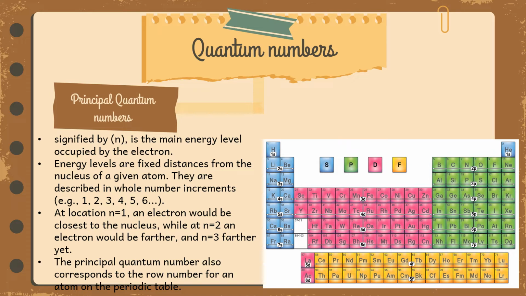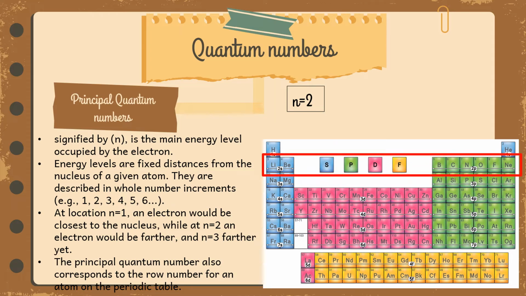As an example, let's say an electron is located at n=2. It means that this electron is located on the second orbit from the nucleus, or in short, on the second period of the periodic table.